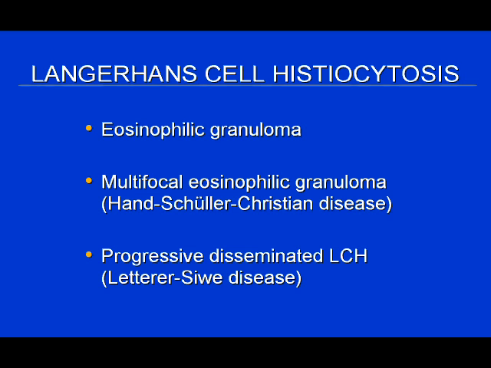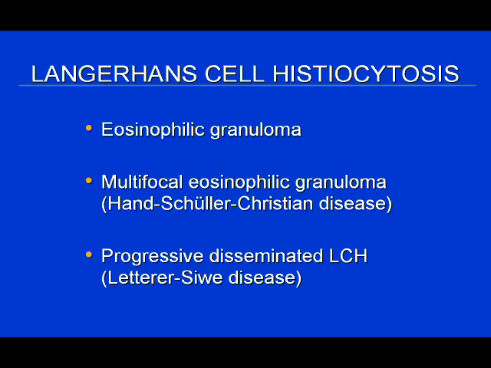Okay, let's move on to Langerhans cell histiocytosis, a histiocytic proliferation that very frequently involves bone marrow when it is in either a multifocal or progressive disseminated form, and also involves the bone, but more commonly as focal lesions in patients with eosinophilic granuloma.